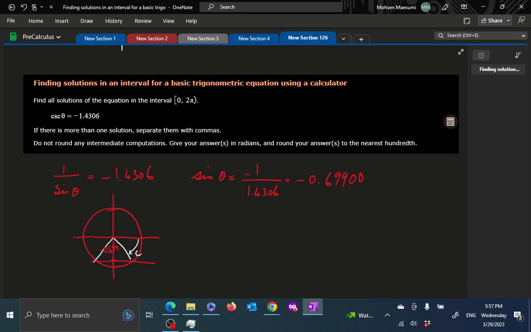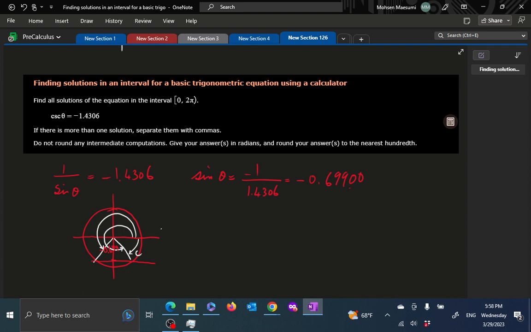What you want is this, which is obtained from 2 pi plus that quantity. The other one is you want to go all the way around and end at this location. We choose these two angles because we want to be between 0 and 2 pi.